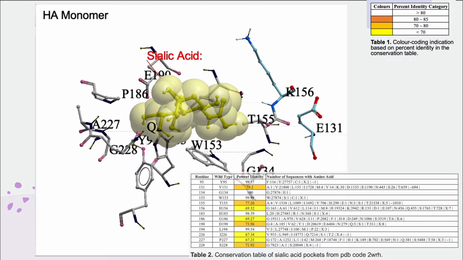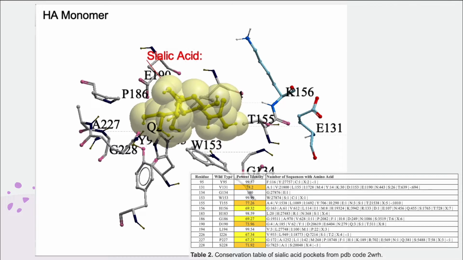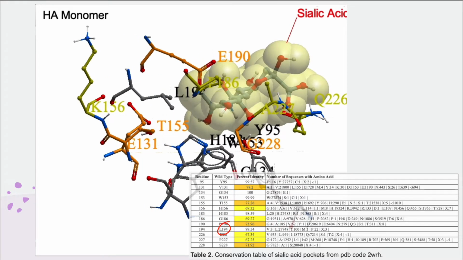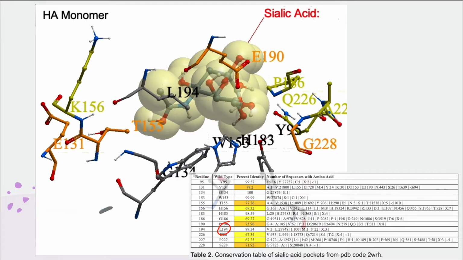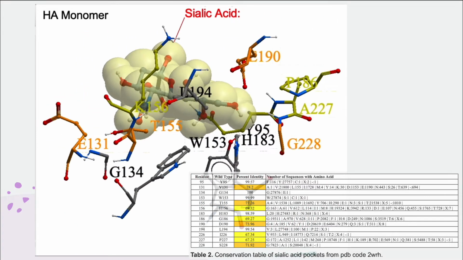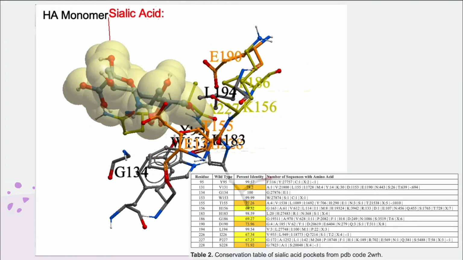However, targets for broadly neutralizing antibodies are functionally conserved, like tyrosine 95, tryptophan 143, histidine 183, and leucine 194, which are highly conserved residues interacting with the sialic acid receptor shown in Table 2.